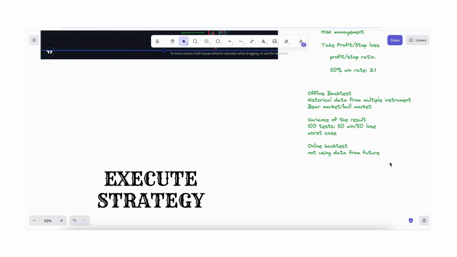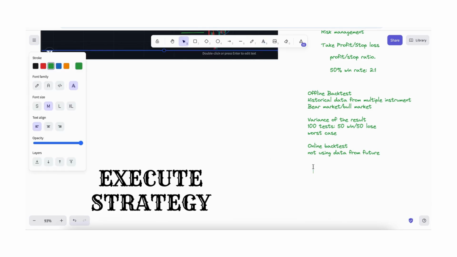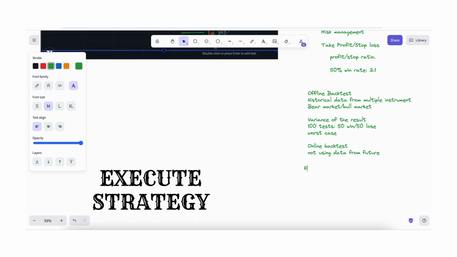And finally, you want to be able to execute your trades. You want to be able to execute your strategy 24 hours, 7 days, right? This is more of a question of your computer knowledge and your ability to build together an infrastructure to be able to do it.